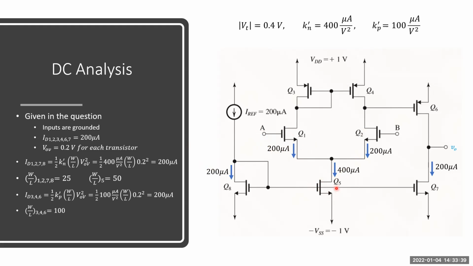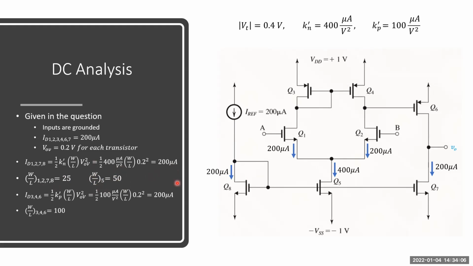Okay, the drain current of Q5 is 400 microamp. All other parameters are the same, but drain current is 400 microamp. It means that the W over L ratio is 2 times that of the other transistors. Then the W over L ratio of Q5 equals 50.